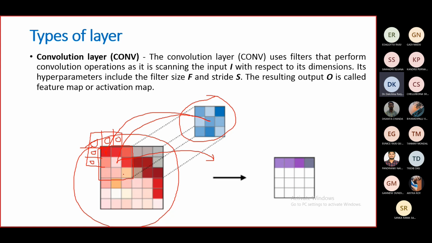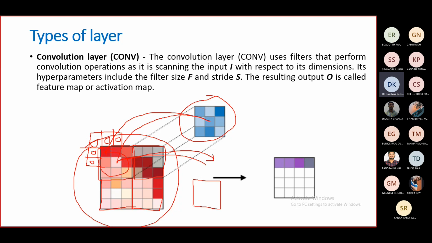If this is non-overlapping, then we can initiate the filtering operation like this. This is the non-overlapping filtering operation. In this case, we will map these 9 pixel values to 1 pixel value. So in this way, we will get a 2 by 2 feature map.